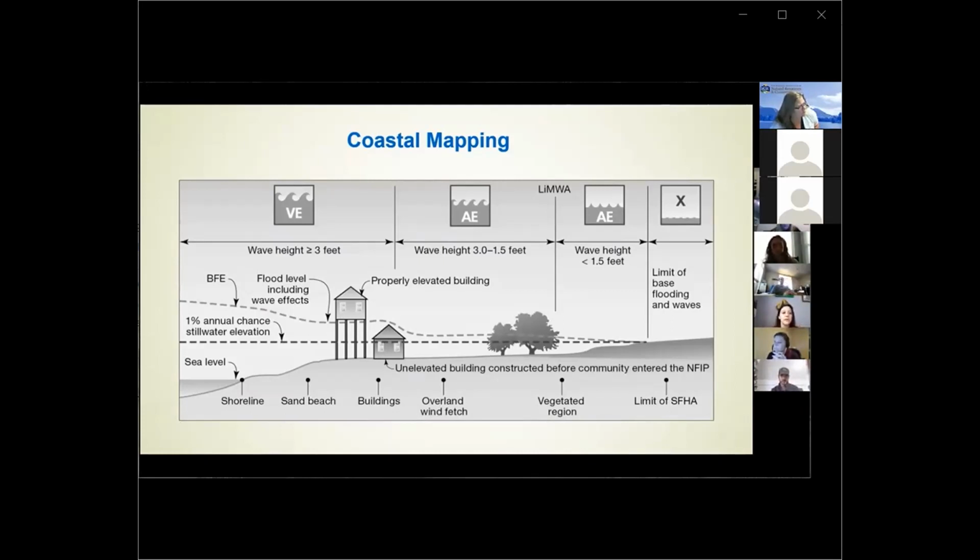So for any municipality or county government or state government for that matter, if they adopt LiMWA regulations into their building codes, what that means is people who build in what are called coastal A zones, or areas that are AE but have a wave height greater than 1.5 feet, have to build according to these V zone standards. So it's as if they're in a high hazard flood zone. And I think that's about the only thing I'd add.